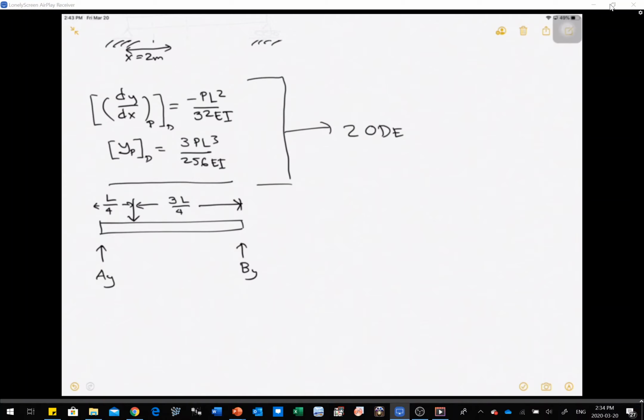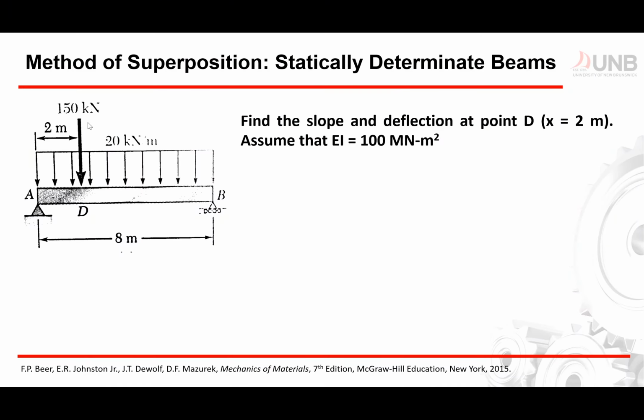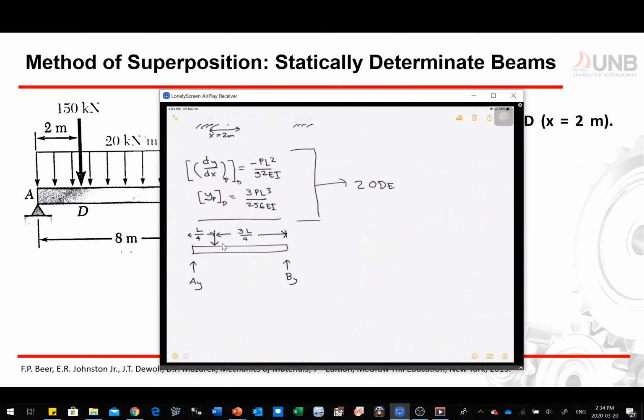So imagine if we look at our slides. What do we mean by L over 4? This is 8 right here, and that's 2, which means your load is located at 1/4 L, which is the same case here.